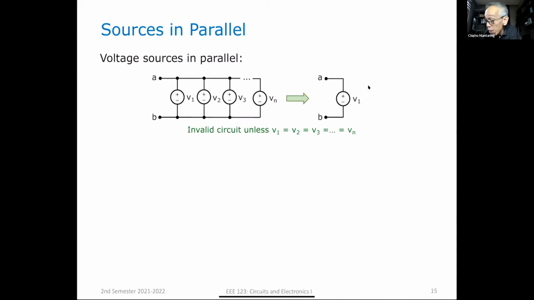If I apply KVL to any of these loops, let's say I apply KVL here, I'm going to get V1 is equal to V2. If I apply KVL here, I'm going to get V2 is equal to V3. Therefore, V1 must equal V2 must equal V3 all the way to V sub n. And I can represent all of this with just a single voltage source between A and B equal to V1.